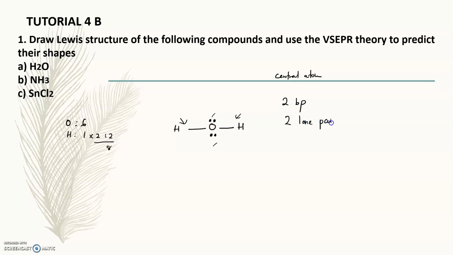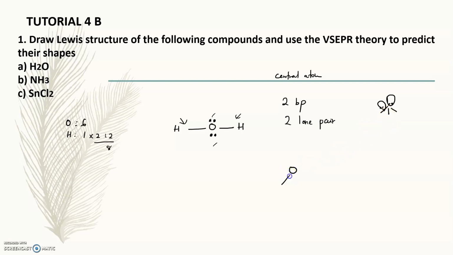So how do you predict the geometry? Basically, if the total here is 4 and all are bonded atoms, it is tetrahedral, but now there are 2 lone pairs on the central atom, so the structure is distorted, becoming a bent structure.